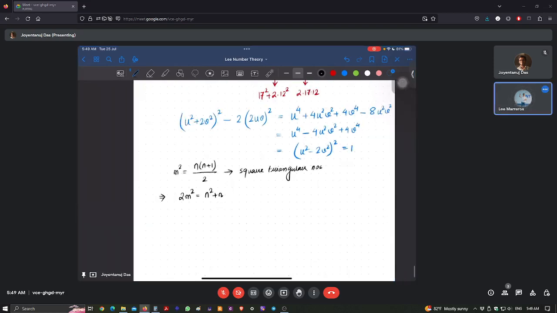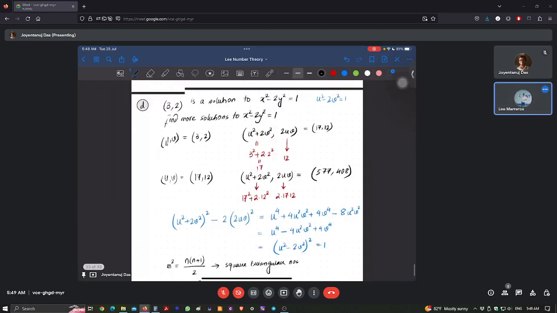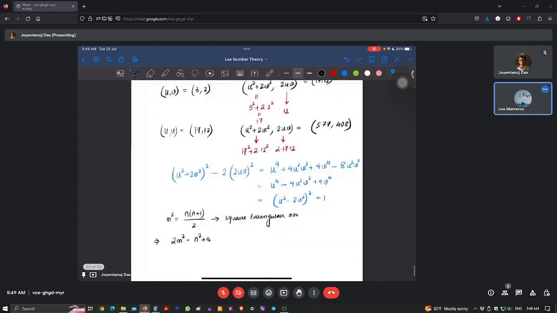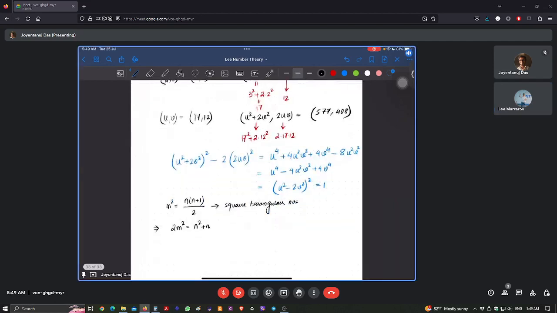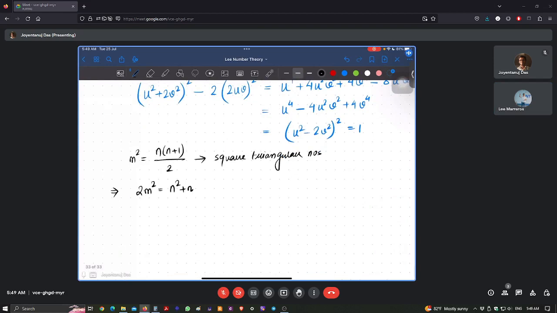If you remember, I want to complete the square on this portion, so I multiplied by 4. So it is 4 times 2m squared equals 4n squared plus 4n. Then I add 1 and subtract 1. This I did, if you remember.